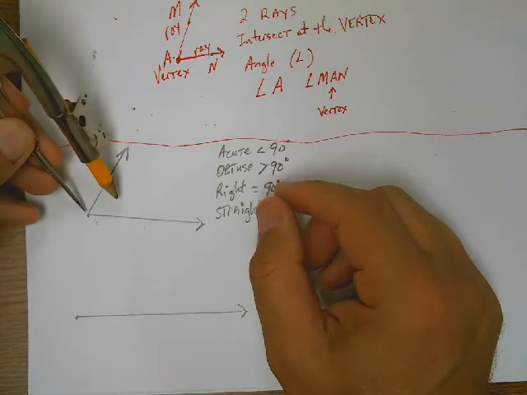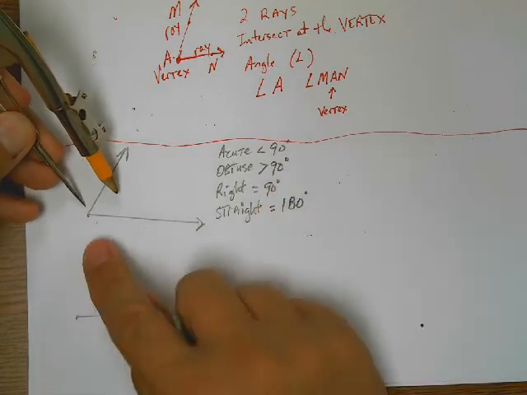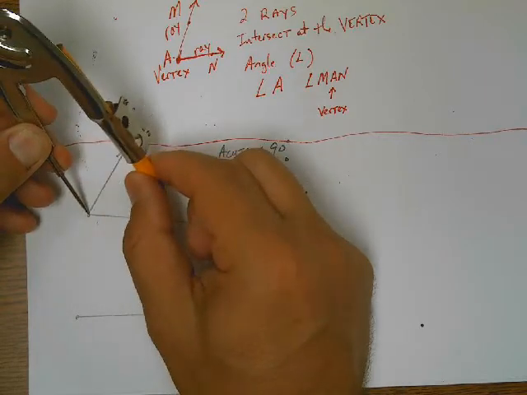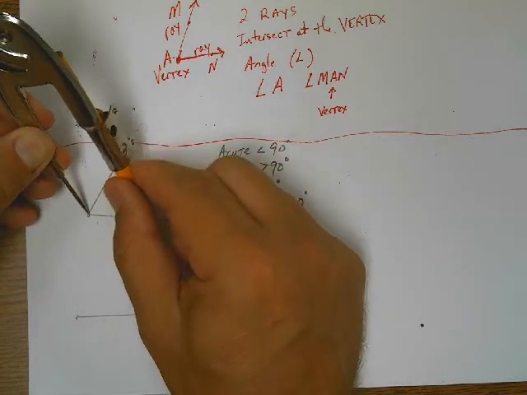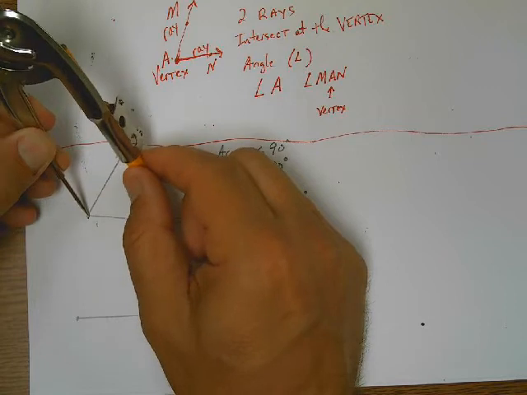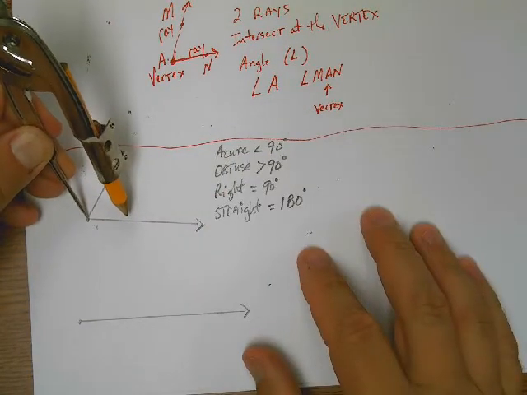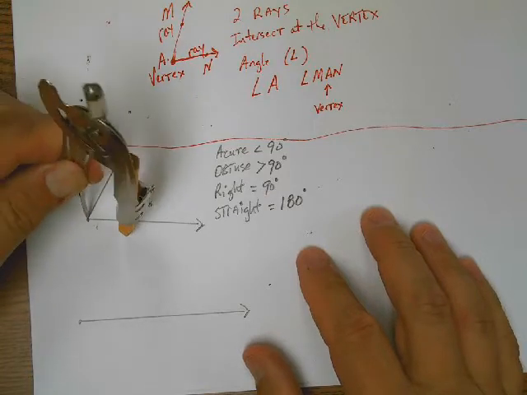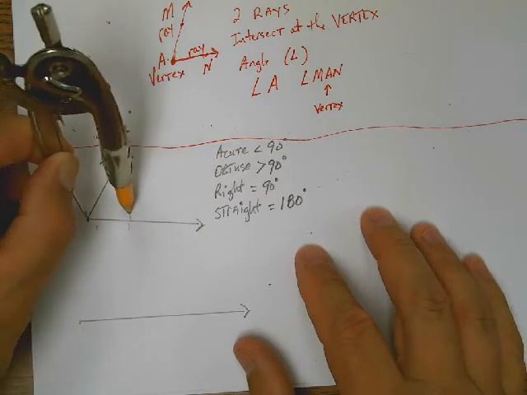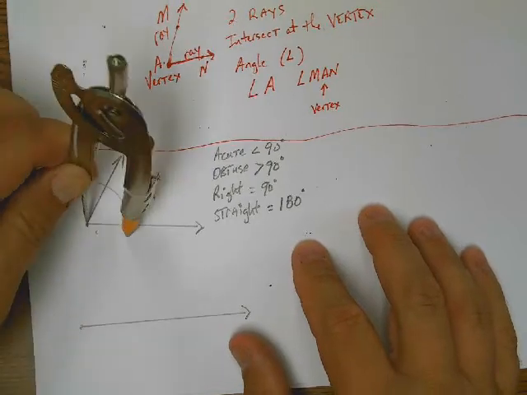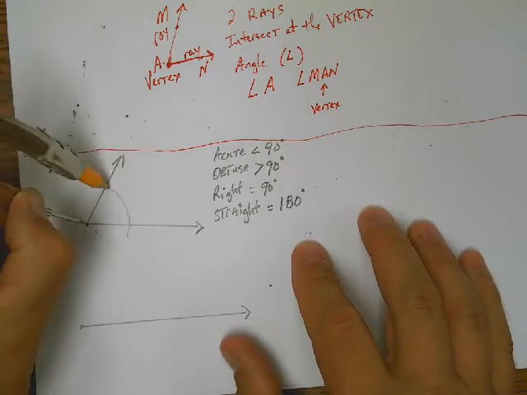All right, so we put the sharp point at the vertex, and this can be wide to any width. It does not matter. I'm going to keep it to that width right there, and then I make an arc that intersects the angle at both rays. Don't let the compass move on you.